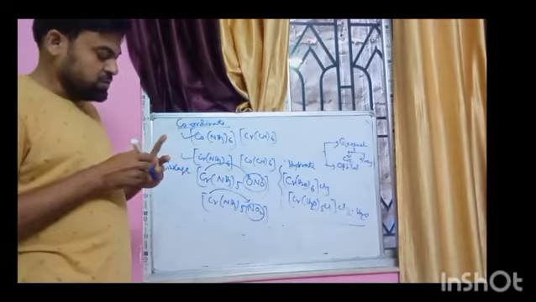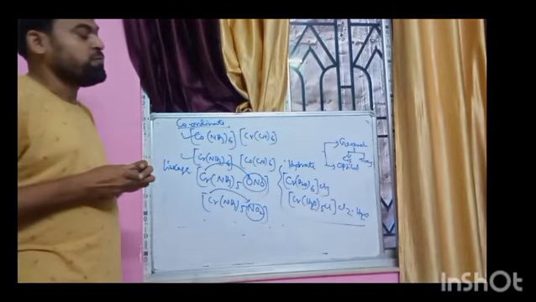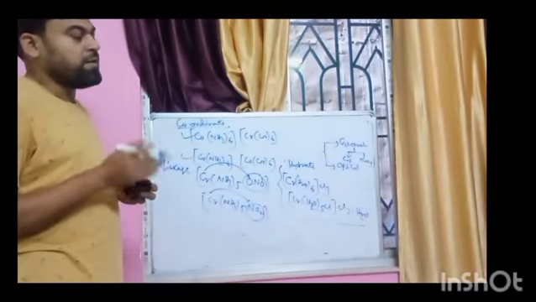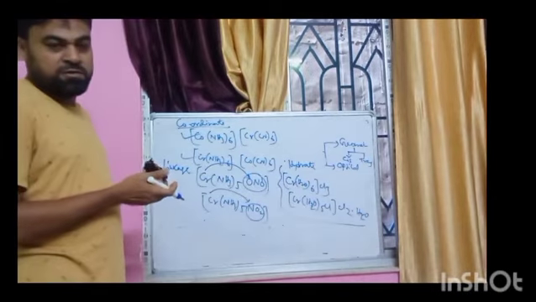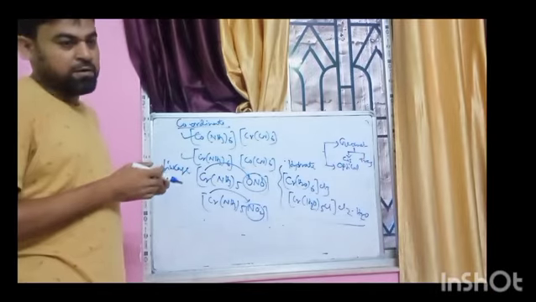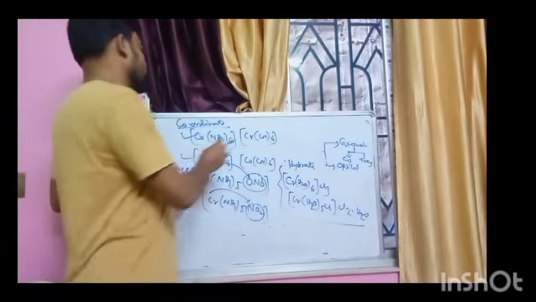Now we see the types of stereoisomer. There are two types of stereoisomer: geometrical isomer and optical isomer.